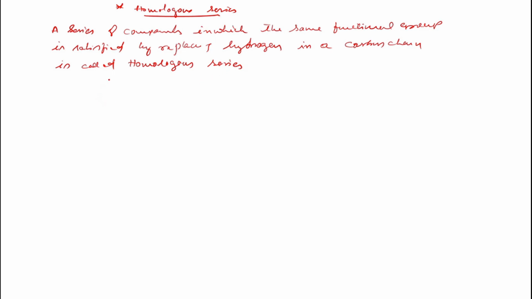Now I will give a clear-cut explanation. We know that methane, ethane, C2H6 and propane C3H8 and butane C4H10. Structure we will see. This is the structure. See here.